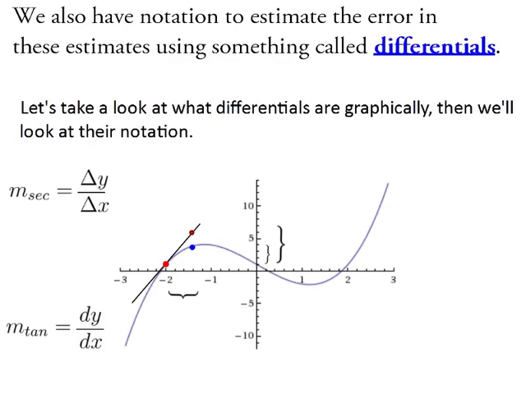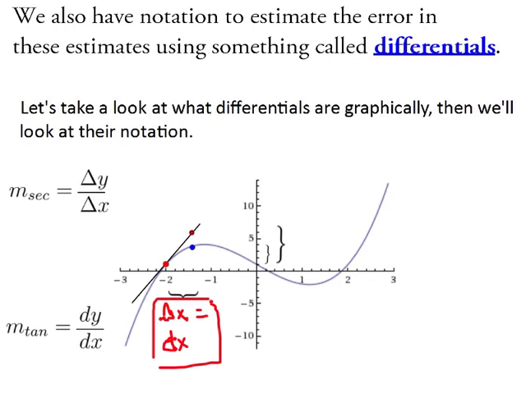And both of those, whether we're talking about the change in x on the secant line or the change in x on the tangent line, they're the same thing. So delta x and dx are the same things.